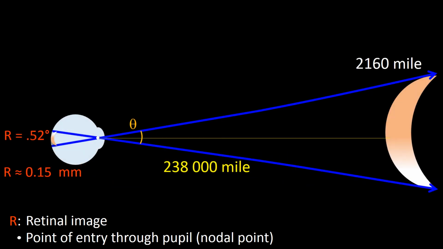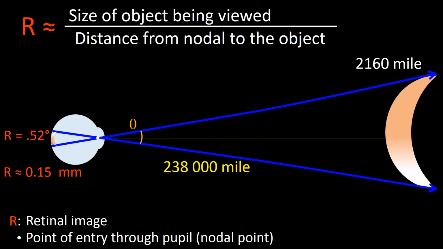If a person looks at the moon, the image of the moon will occupy 0.52 degree and be represented by 0.15 millimeters of retina. So the size of an object represented in the retina is directly proportional to its actual size and inversely proportional to the distance from the nodal point.